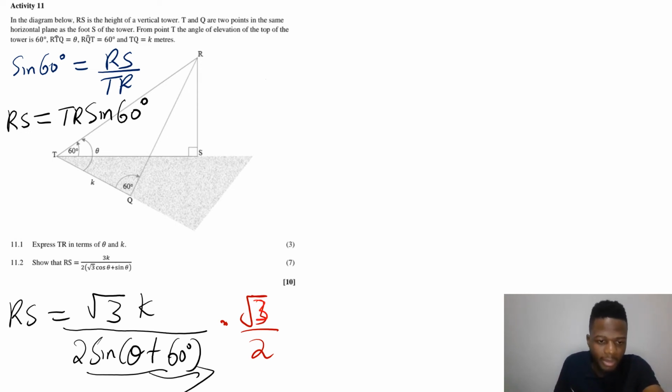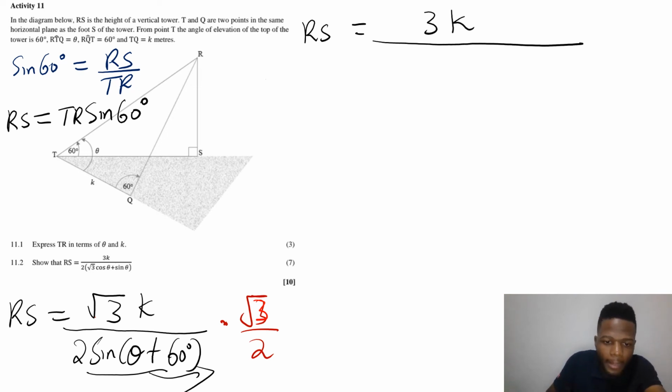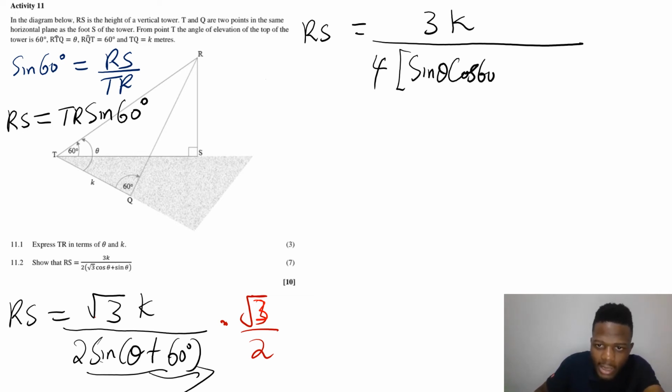Let's start by simplifying. Root of 3 multiplied by root of 3 is 3, and we have k also there. Then 2 multiplied by 2 is 4. And this is going to give us sine theta multiplied by cos 60 plus cos theta multiplied by sine 60.